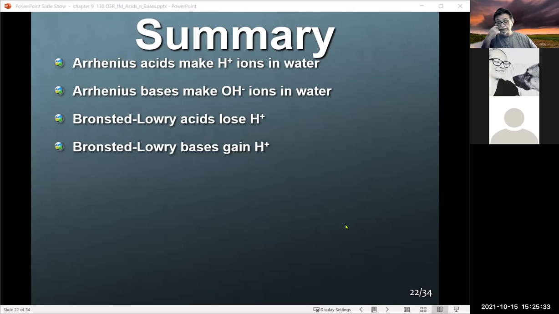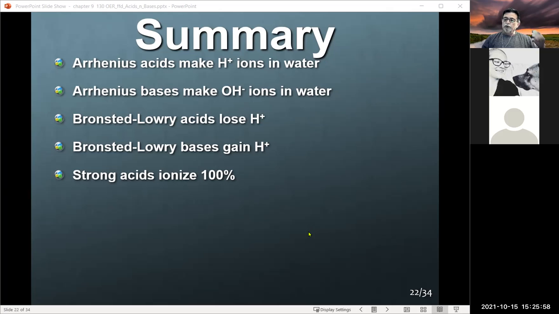A base, for a Brønsted-Lowry, has nothing to do with hydroxide. It can be hydroxide, that fits into the definition, but it also allows other compounds that don't deal with the hydroxide to be called a base, and they simply gain that proton. They neutralize that proton.